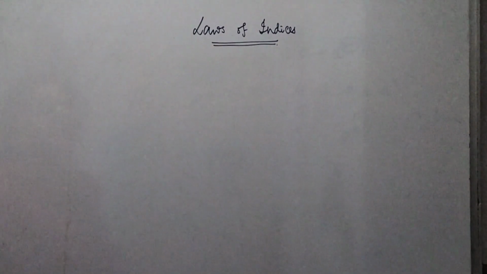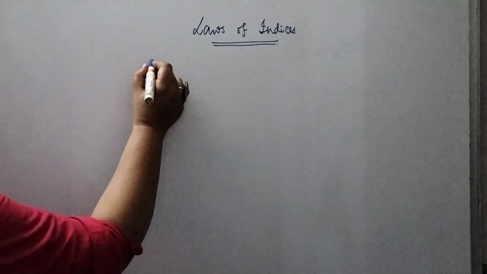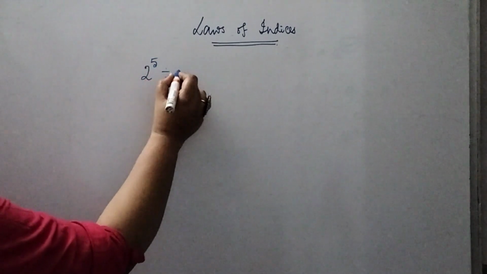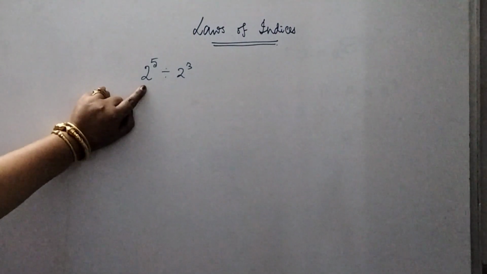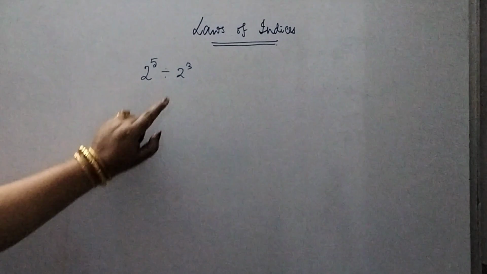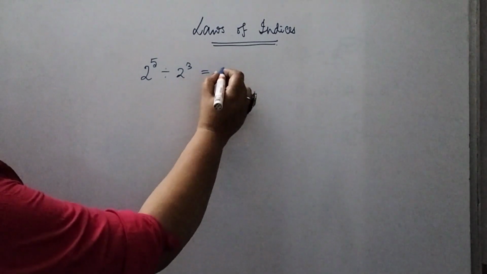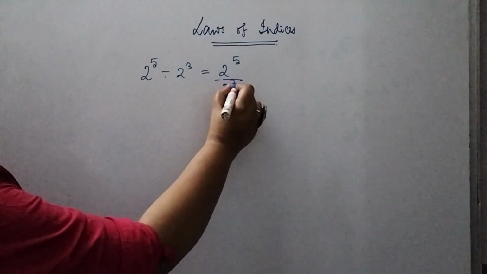Now let us explain another law. Suppose I am taking an example, like 2 to the power 5 division 2 to the power 3. It is clear to us that 2 to the power 5 is the dividend and 2 to the power 3 is the divisor. So we can write it as 2 to the power 5 by 2 to the power 3.